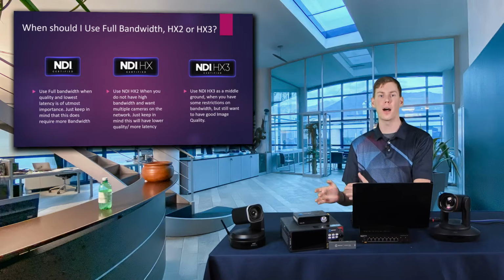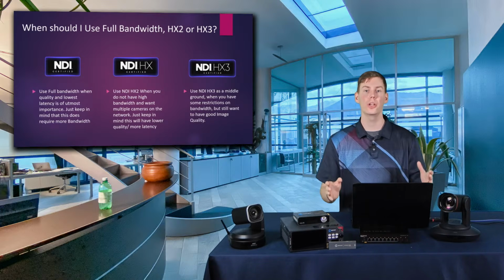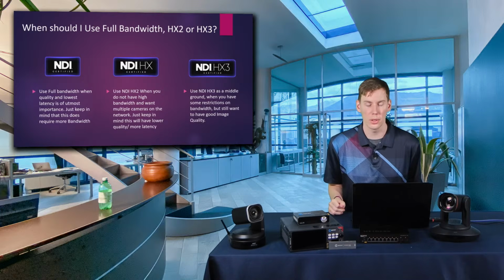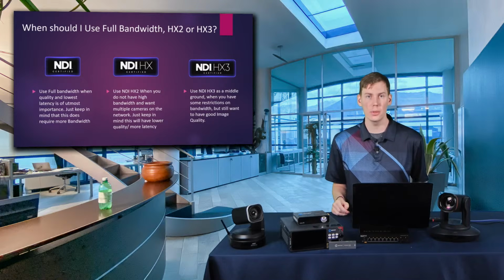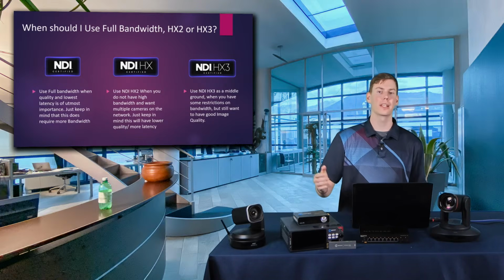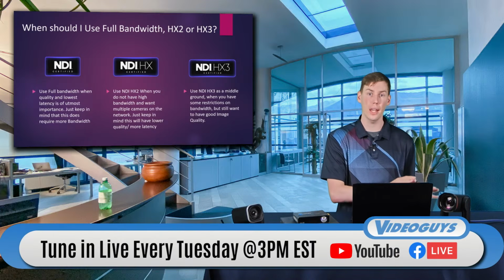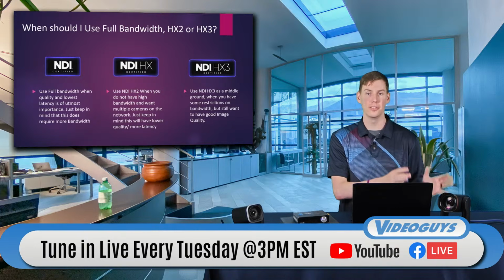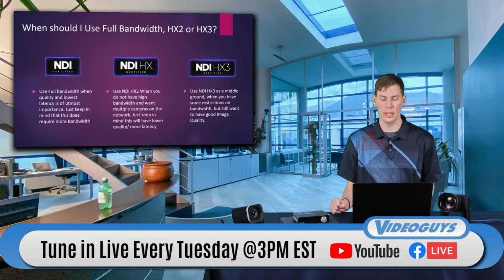Now, the exact opposite end of the spectrum, if you are in a studio where you only have a 1 gig network and you need 6, 7, 8 cameras on your network, that's when NDI HX2 would come into play, because again, it's going to be the least amount of bandwidth requirement per camera, and then in doing so, makes it so you can have more cameras on your network.